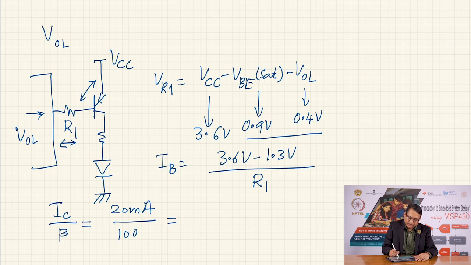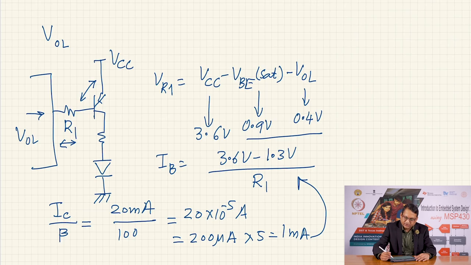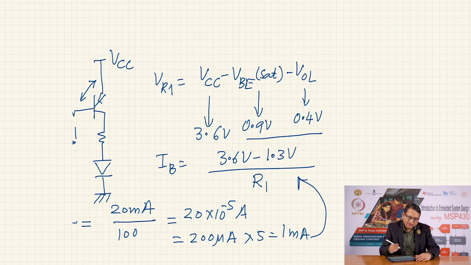This is 20 into 10 raised to power minus 5 amperes, so this is 200 microamperes. The base current is 200 microamperes, and so we will allow, let us say, 5 times more current, and 200 microamperes into 5 is 1 milliampere.